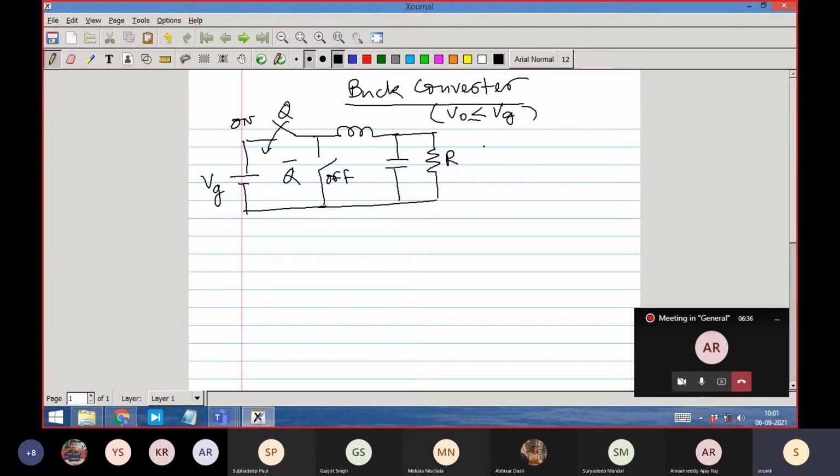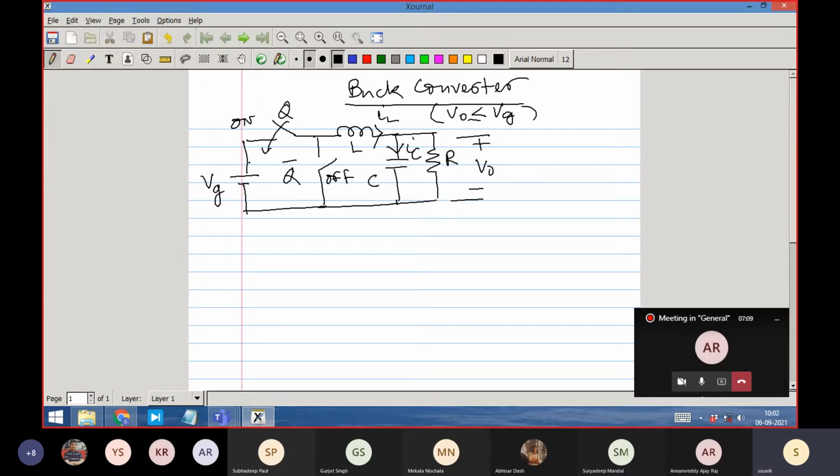This is a DC circuit. There is no question of using an RL load. Essentially, this is a DC circuit, so the load is resistive, whatever its magnitude may be. This is L, this is C. We denote the inductor current as IL, the capacitor current as IC, and the output voltage as V0 with plus minus convention.